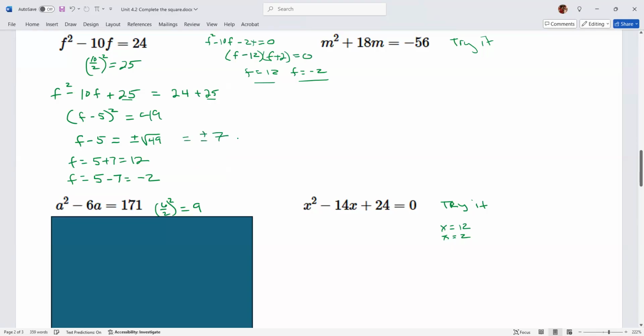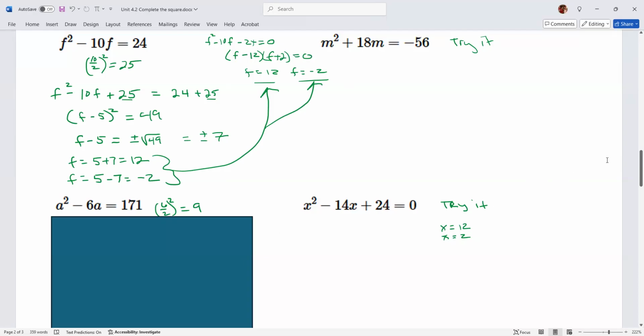So when I add 5 to both sides, I'm going to have f is equal to 5 plus the 7, and f is equal to 5 minus the 7. 5 plus 7 is 12. 5 minus 7 is negative 2. So I get the same answers that I would get if I factored it. But I think you would agree that factoring was a little bit less work. So factoring would be the logical first choice, but we're going to practice using the square root property.